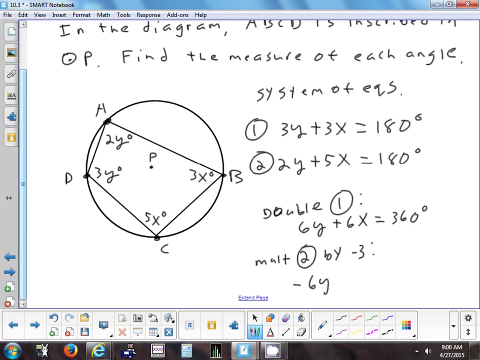Yep, so I'm just going to say minus 15x, and then 180 times negative 3, or think of 18 times negative 3 and add a 0. Negative 540. Good. So we doubled equation 1, multiplied everything by 2, multiplied everything by negative 3.